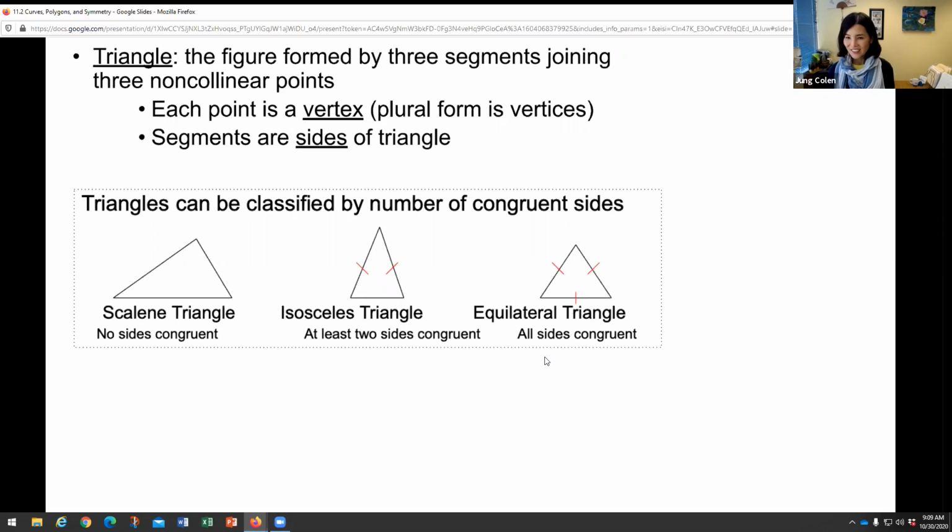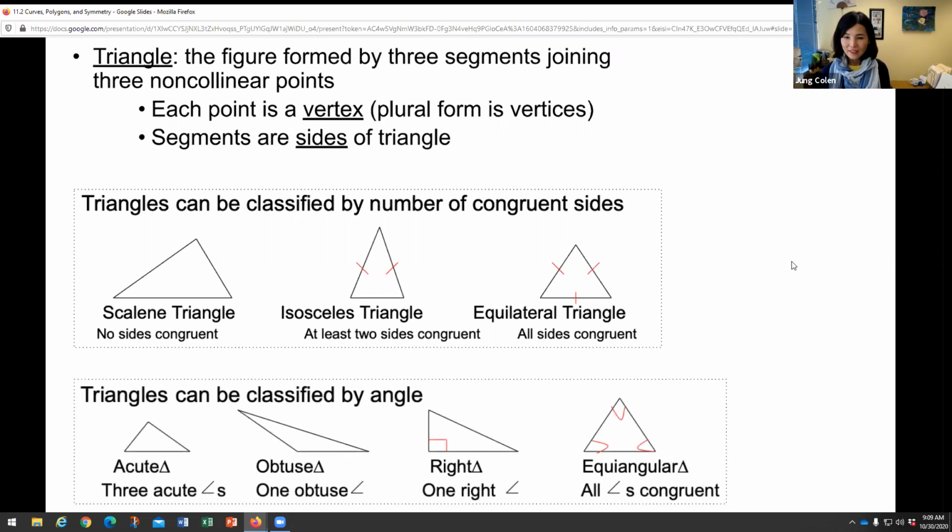Okay. And think about classifying the triangle by angles this time. We know angles can be classified by whether it is greater than 90 or less than 90 or is it 180 and so on. You cannot think of an above-180-degree angle for a triangle because the sum of the interior angles of a triangle is 180. One angle cannot be bigger than 180.